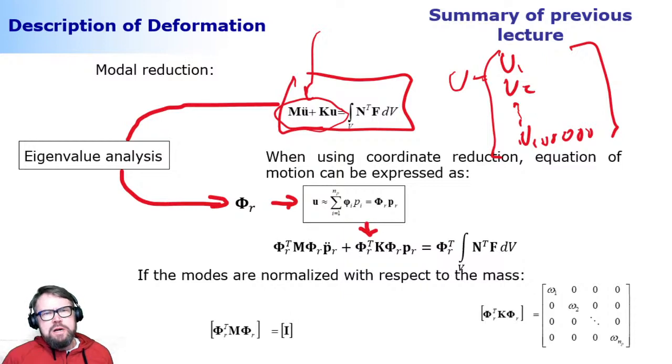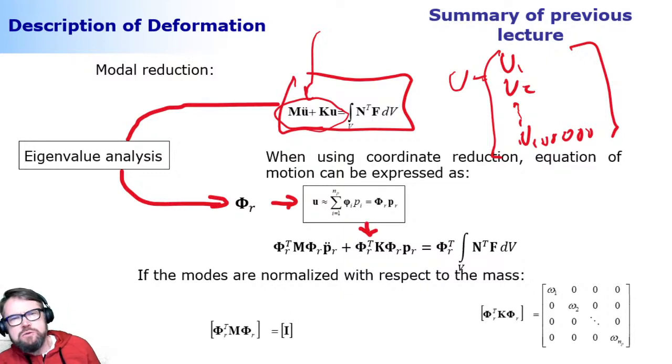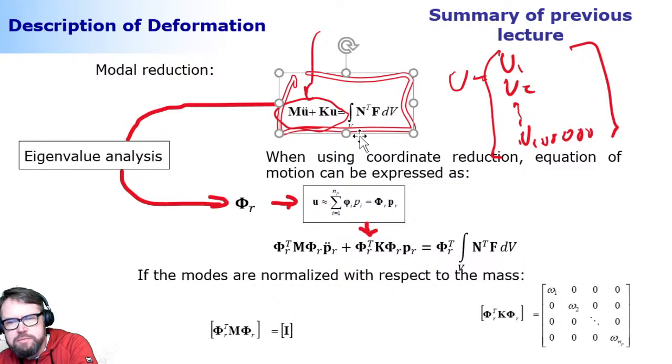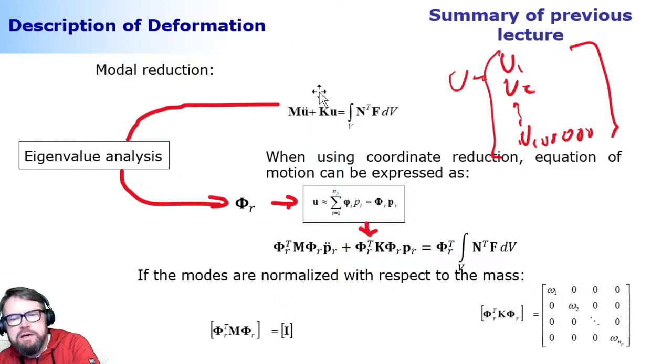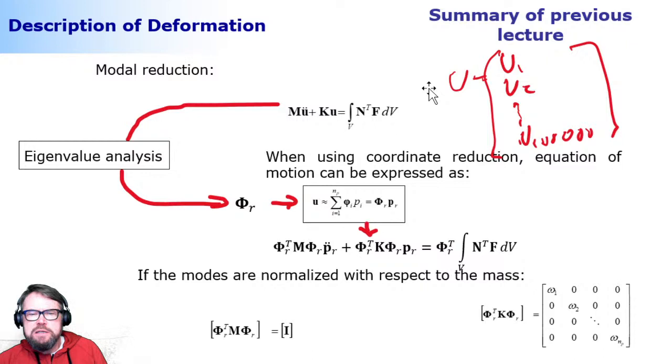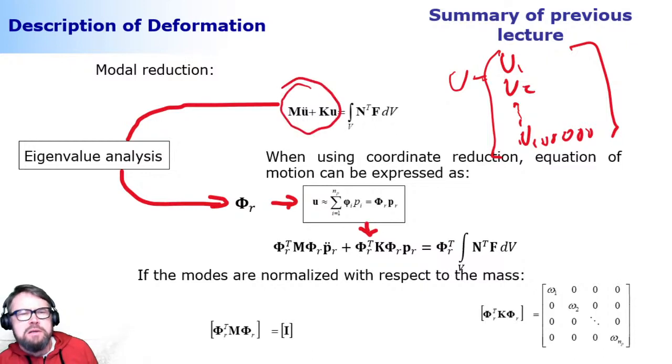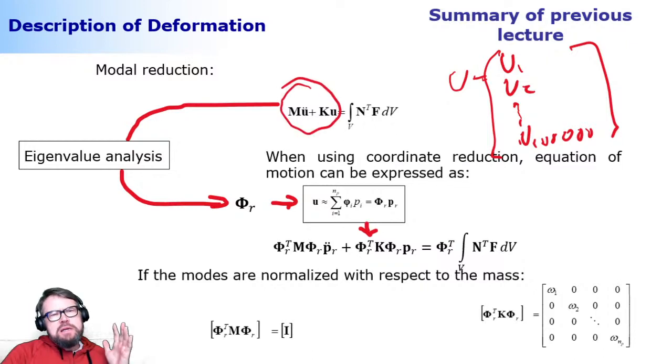Well, first of all, what are these ways? How can I know what the possible deformation modes are? The way to solve it is using an eigenvalue analysis. And in eigenvalue analysis, what are we doing? We're going to look at the structural properties only, because the way the structure can deform is the structure or model's ability to describe the deformation.